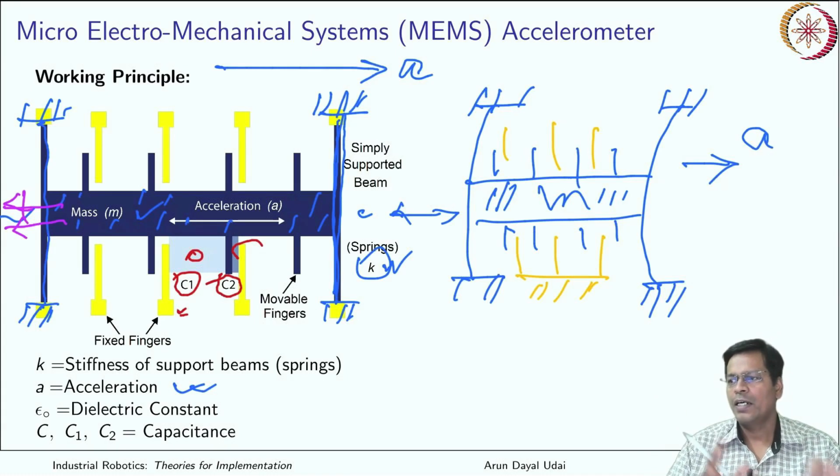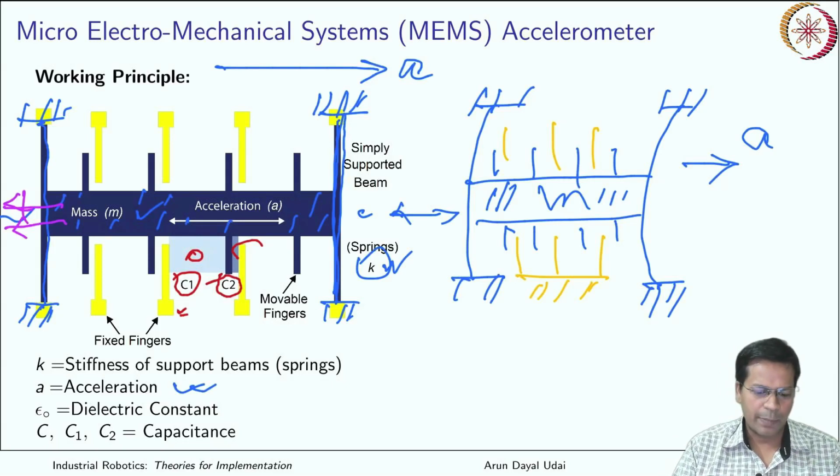So it behaves like a parallel plate capacitor with dielectric in between. Dielectric is air here, so it is epsilon 0. So there are two capacitances, C1 and C2.